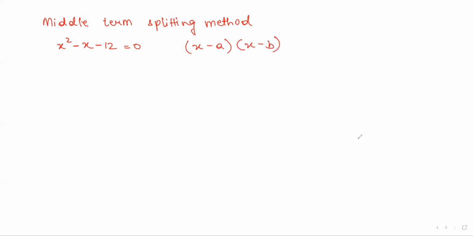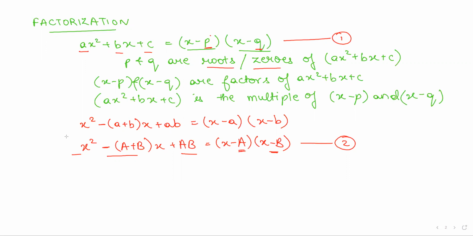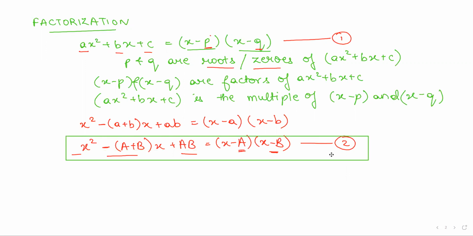We also know by this formula that the middle term, the coefficient of x, can be represented as the sum of these two with a minus sign, which means these two are responsible for addition.